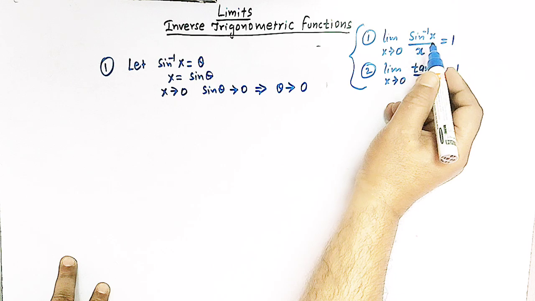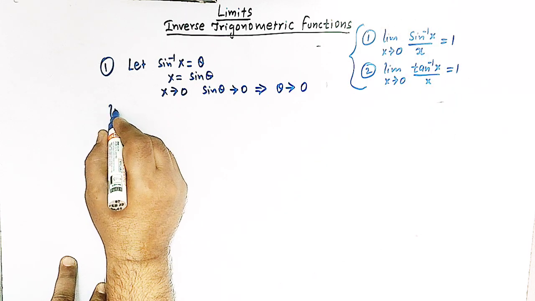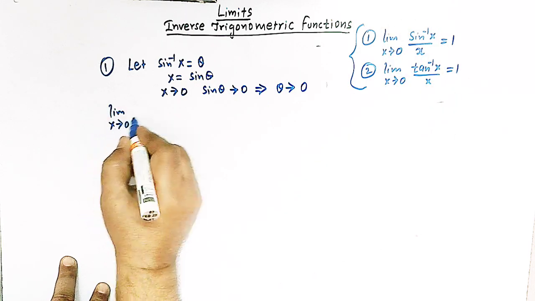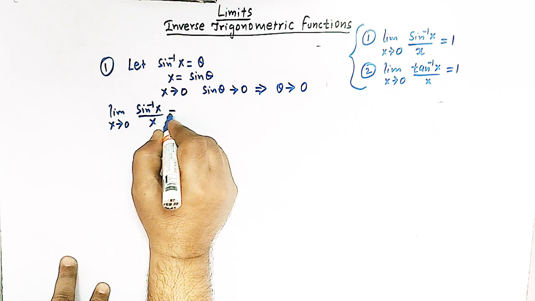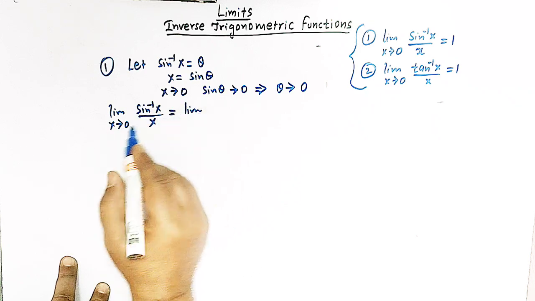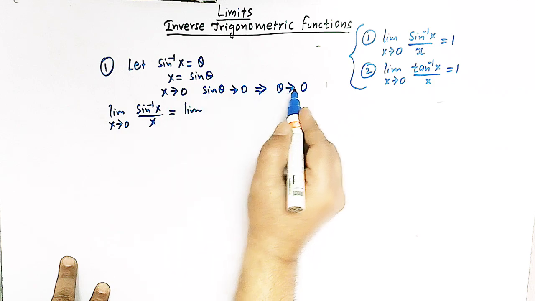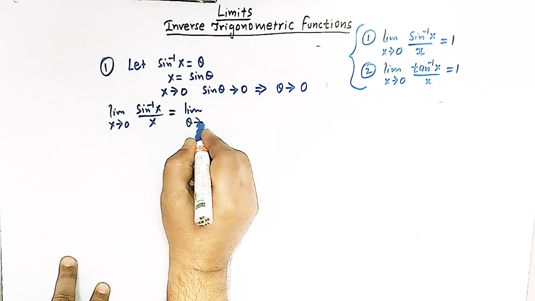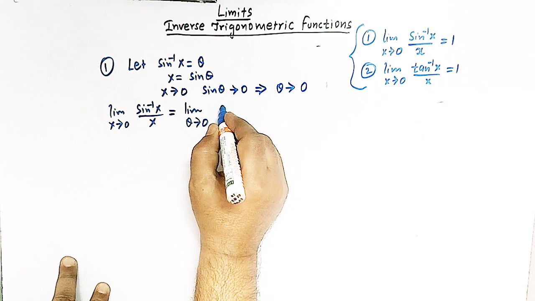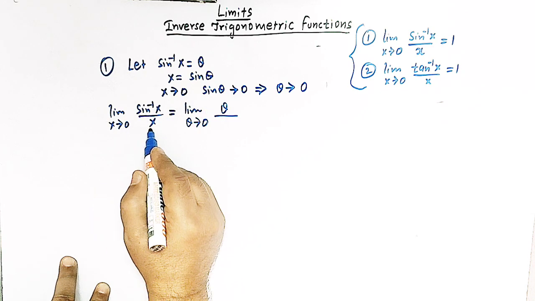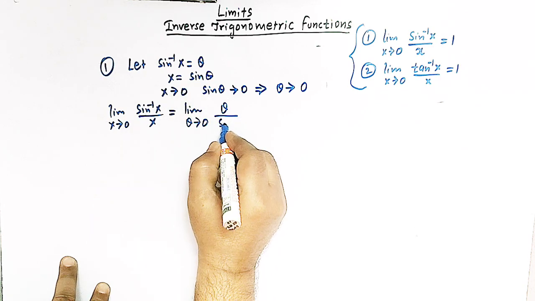Now the limit as x tends to 0 of sine inverse x over x takes the form: x tends to 0 implies theta tends to 0, and for sine inverse x we have theta, and for x we have sine theta.